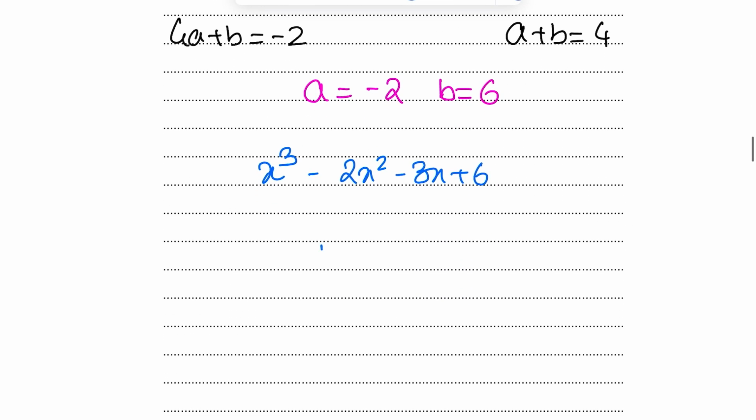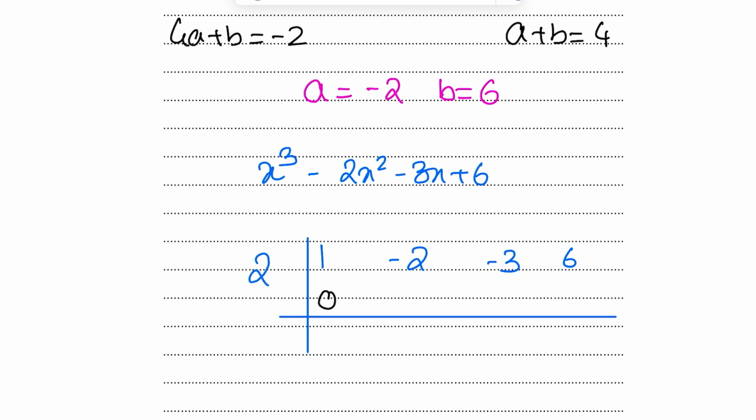So I do the synthetic division: 1, negative 2, negative 3, 6, and I know that it is divisible by x minus 2. So plug in 2, start with 0, 1 plus 0 is 1, 2 times 1 is 2, 0, 2 times 0 is 0, negative 3, 2 times negative 3 is negative 6, so 0.